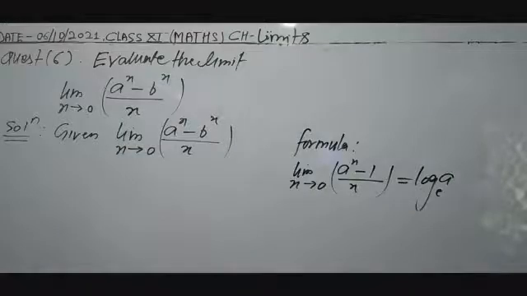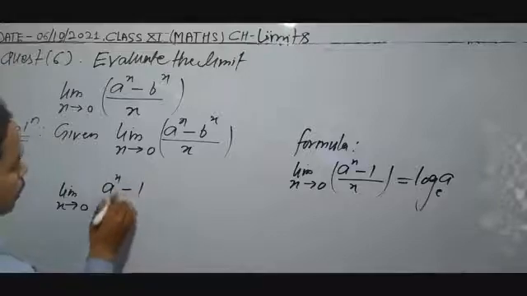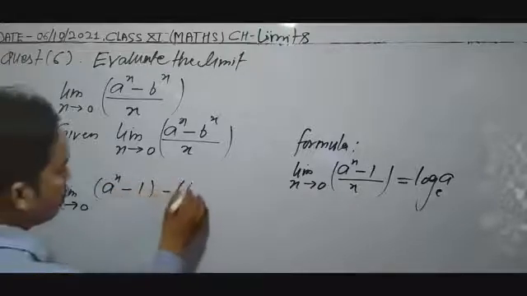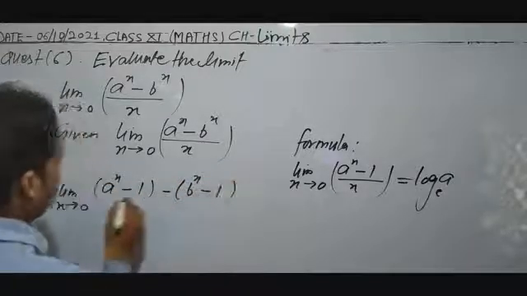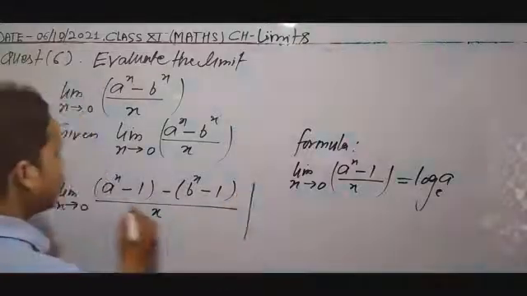This is the formula. Now we can write this statement: limit x tends to 0, a to the power x minus 1 minus b to the power x minus 1, and whole upon x.